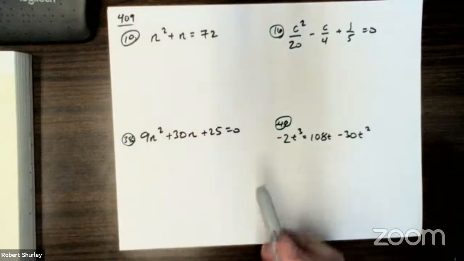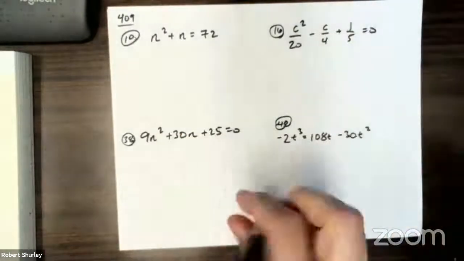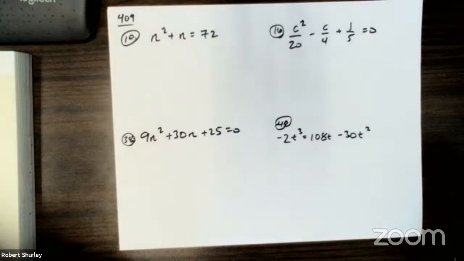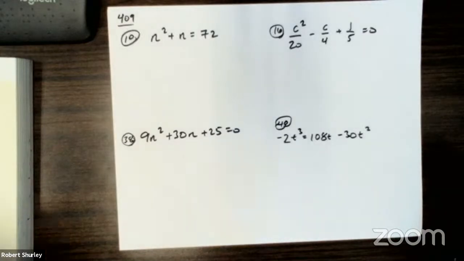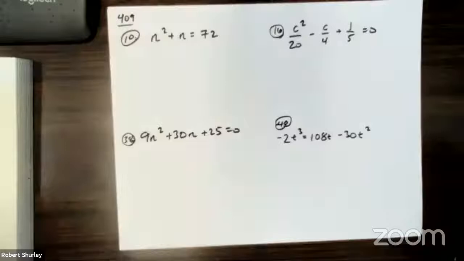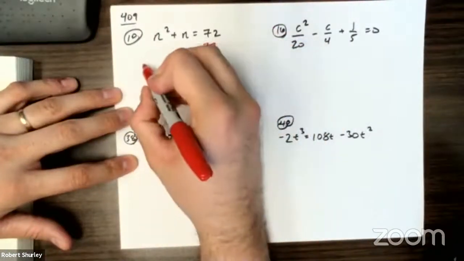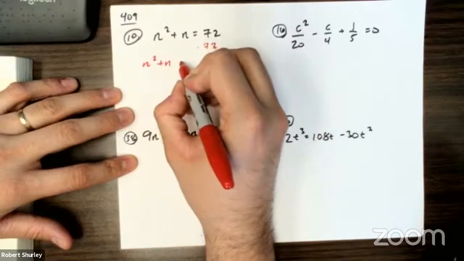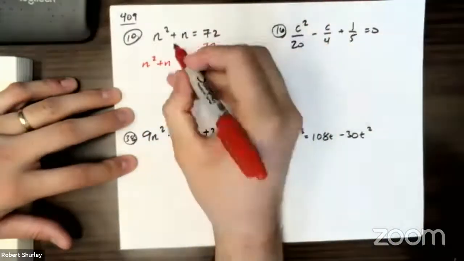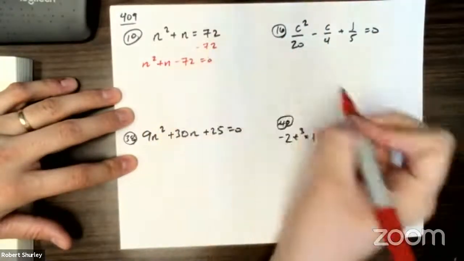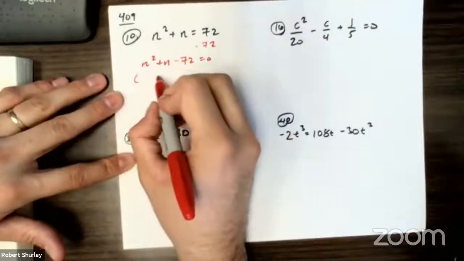Okay, so if you pressed pause and now you're back, let's work on these 4. So I'm using a different marker. The first one, well, we know we need to get 72 over. So we get n squared plus n minus 72 equals 0. This is that nice factoring.